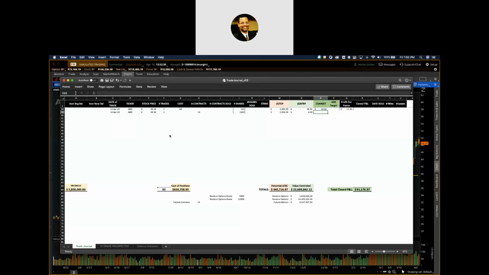So if my target is $59 and I say I want to get to $59, then is that the option price target or is that the underlying stock price target? It's the underlying stock price target. However, there's an equivalent of target for the option.